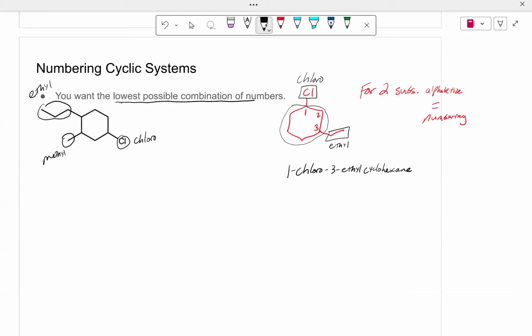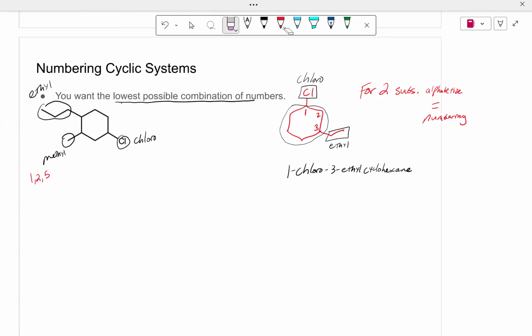But I'm going to go through some cases here. What if methyl were number 1? If that were the case, the numbers would be 1, 2, 3, 4, 5. That's how I would number it. So one combination is 1, 2, and 5.